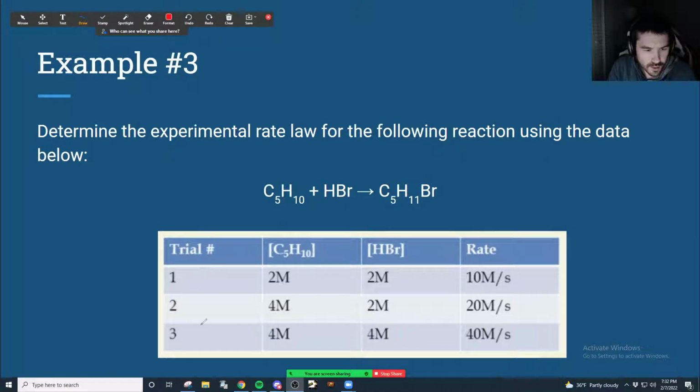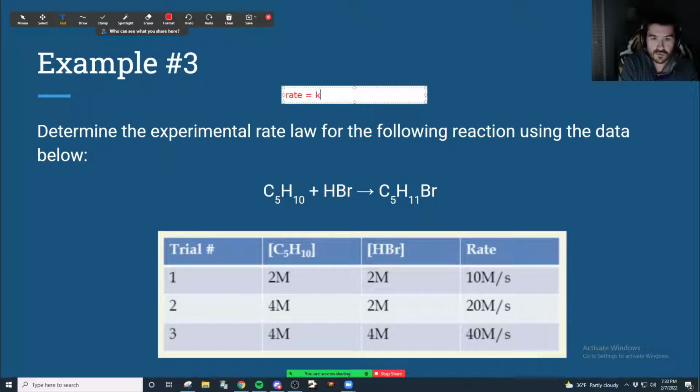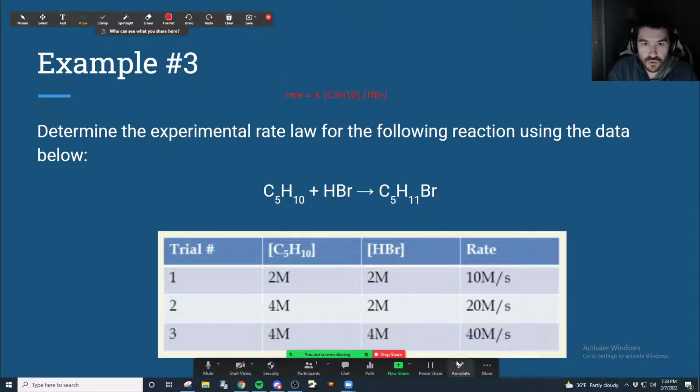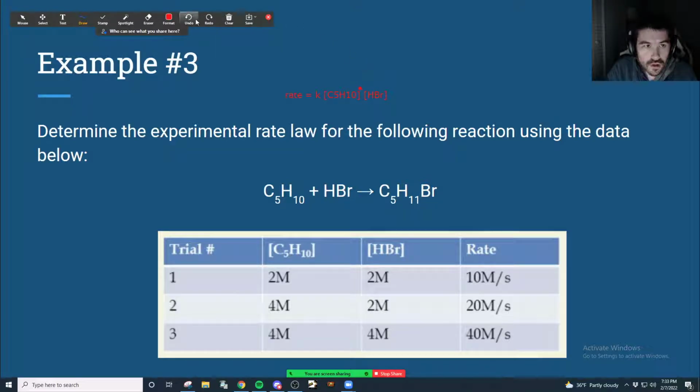So we've got 3 trials. The general form of the rate law: the rate is equal to the rate constant K times the concentration of the first reactant raised to a power N, and then we have a second reactant, HBr, raised to another power, M. Let me include those exponents here, N and M. All right, that doesn't look too bad.